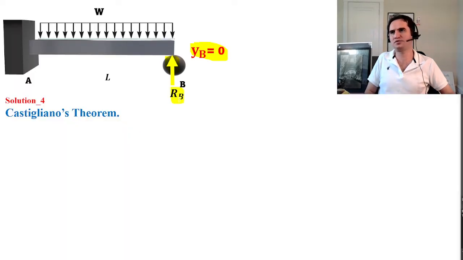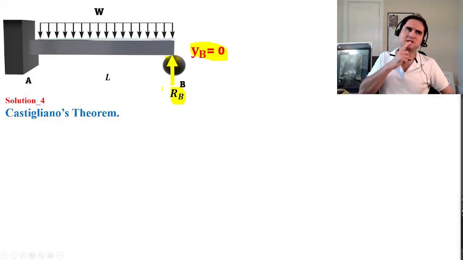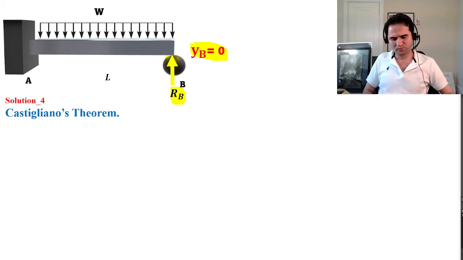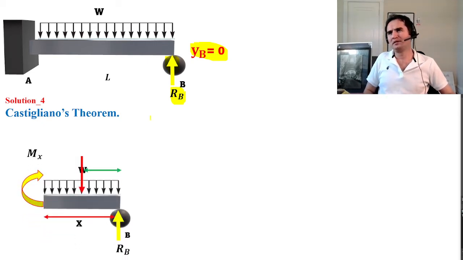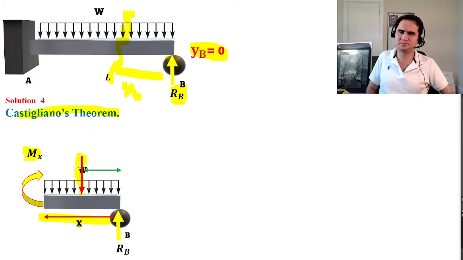To solve for RB based on Castigliano's theorem, we make a cross section at a distance x from the right. That gives us M of x, with wx as the distributed load converted to a concentrated load, and definitely a reaction at the ball support at B.